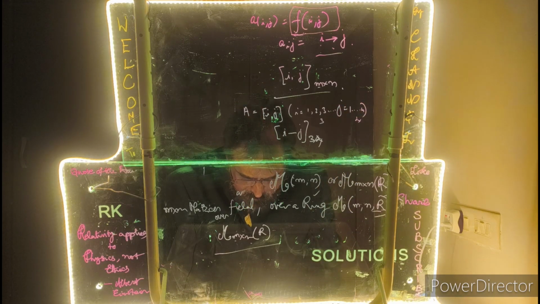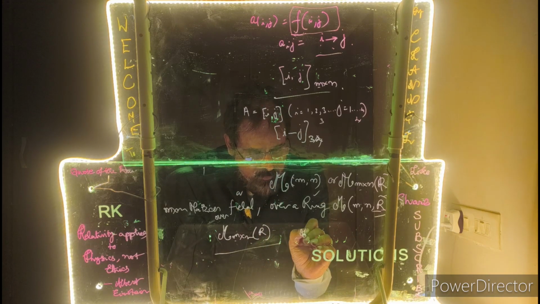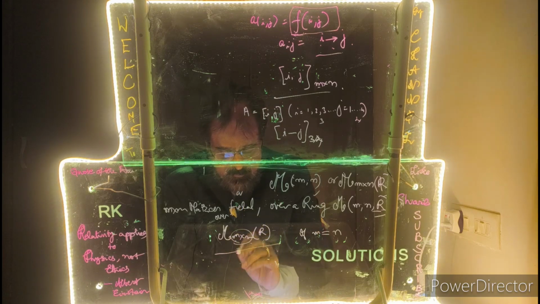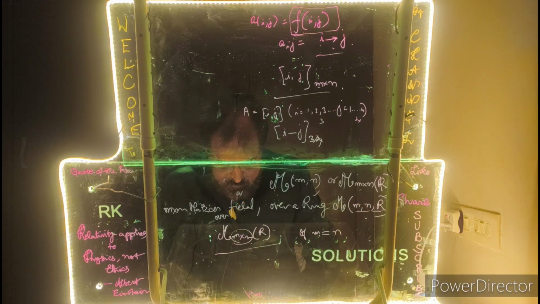If m equal to n, what happens? They both will be same, right? Here m and n will be same.